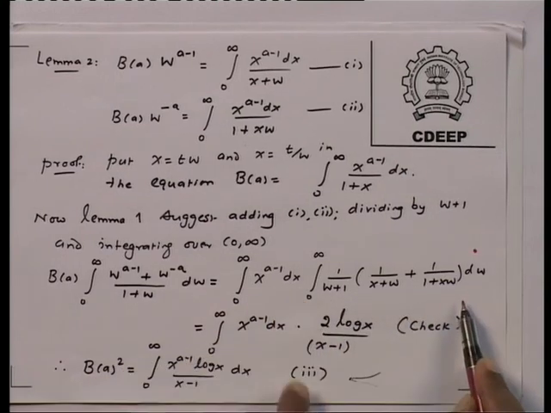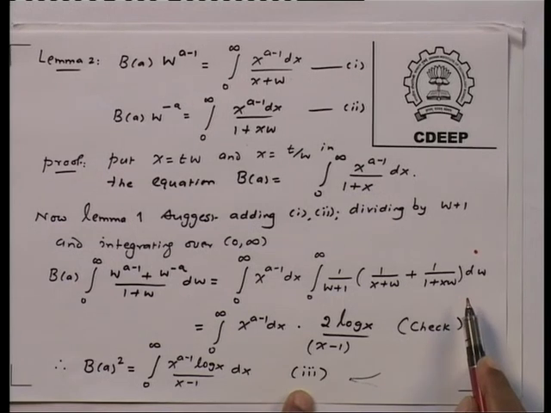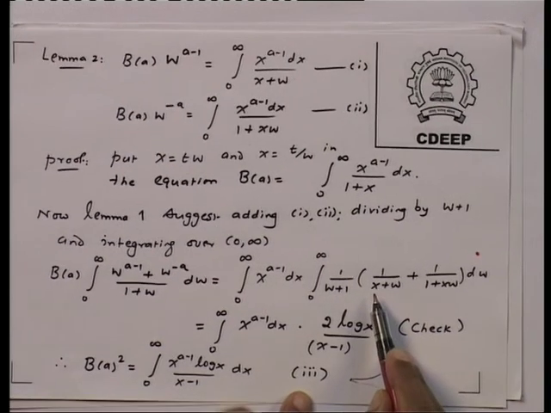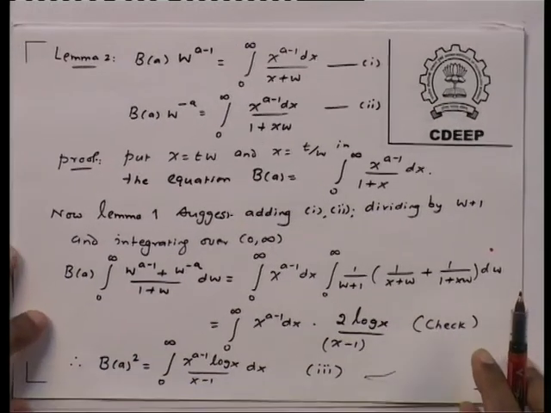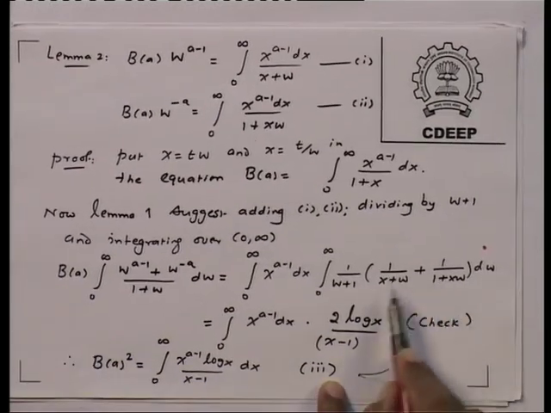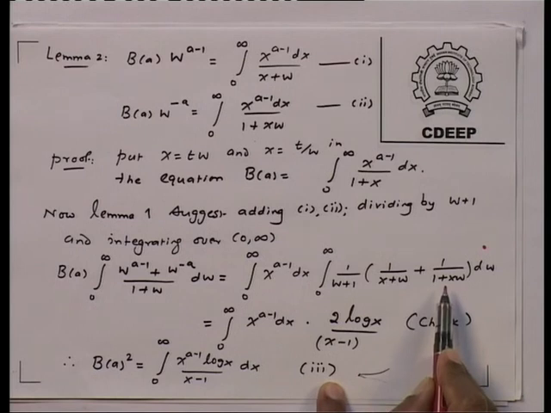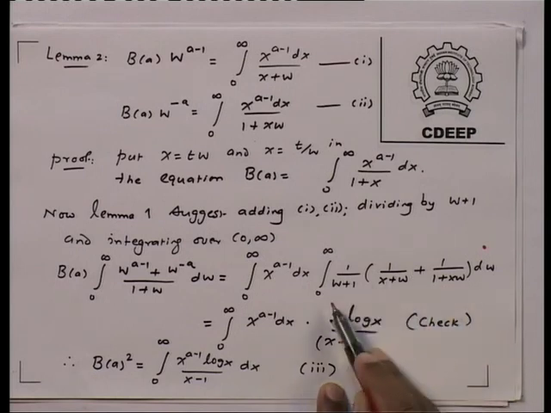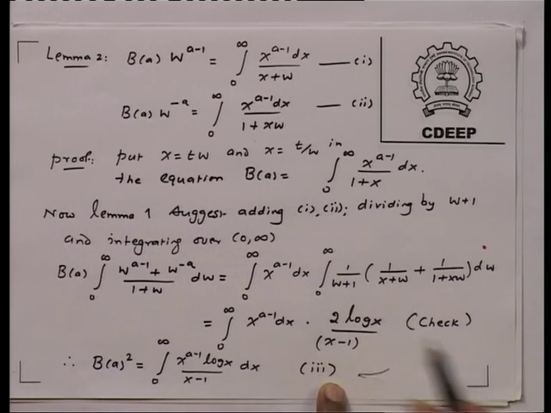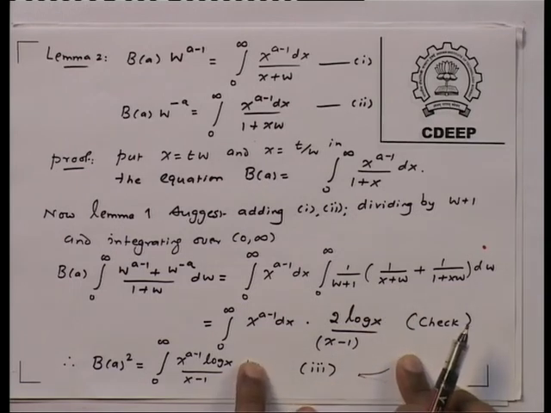This integration you can actually perform, no? If you simplify this rational function, the w plus 1 will cancel out, you can check it directly and it's a logarithm that appears and this is the equation that you are supposed to check.